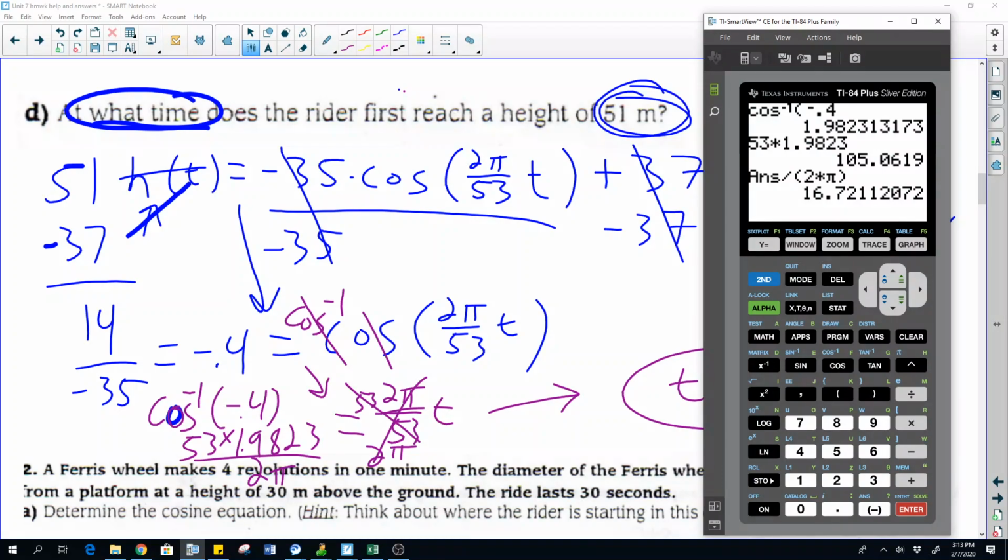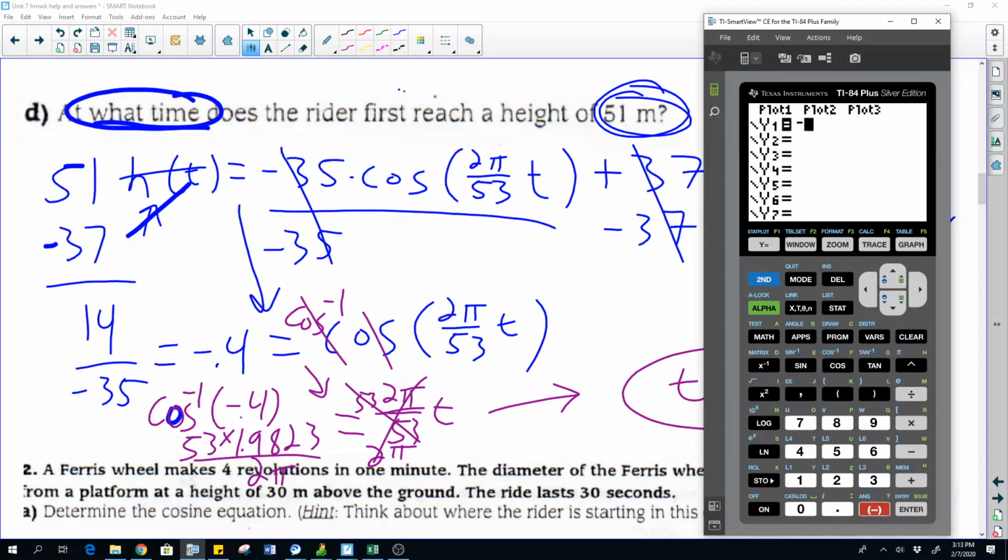We're going to go to y equals and plug in negative 35 cosine of 2 times pi times x. You can do an extra parentheses: 2 pi divided by 53, and then times that by x. Or you can do 2 pi x over 53, that'd be fine too. Then close parenthesis plus 37. And now we're going to graph that.